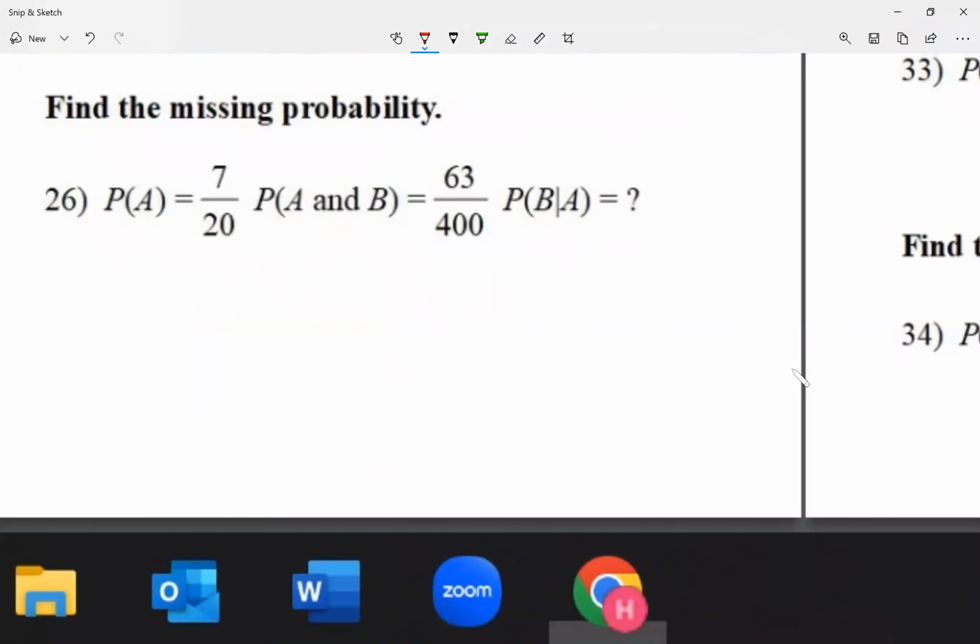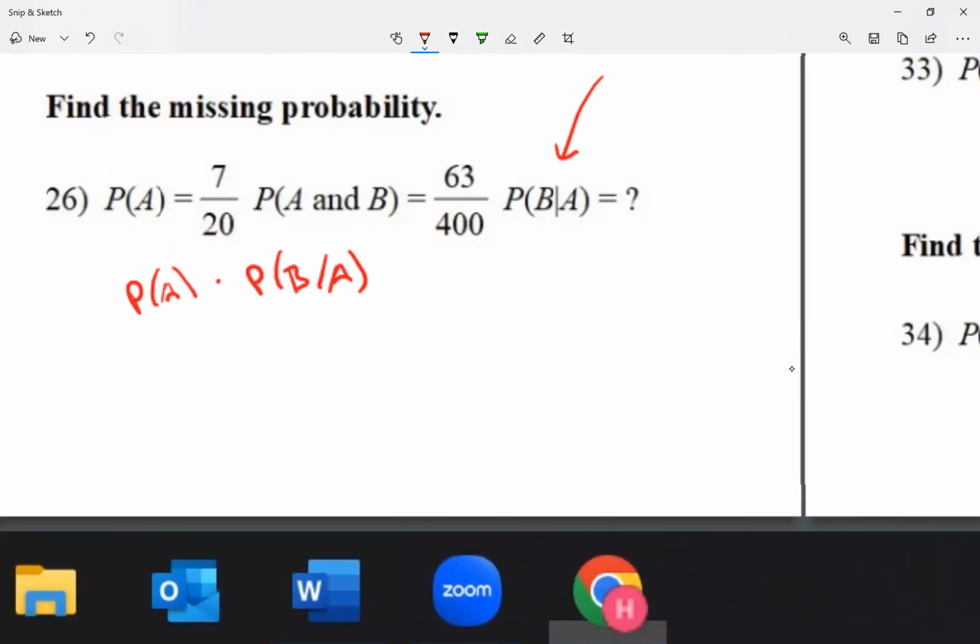Now, let's take a look at this one. Here we have this notation, probability of B given A. So the probability of B happening given that A happened. So I'm going to go probability of A times probability of B given that A happened is probability of A and B. Let me replace the values that I have.